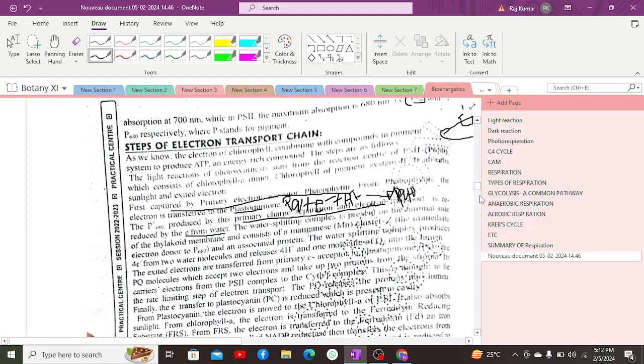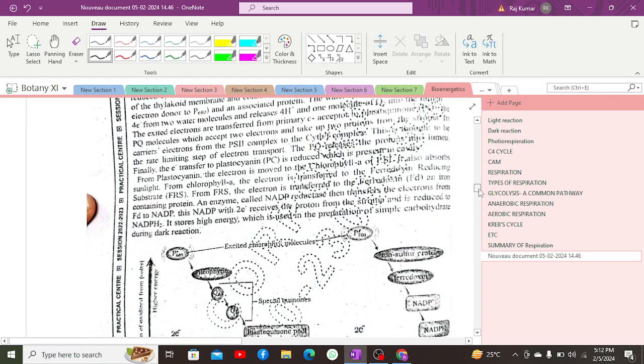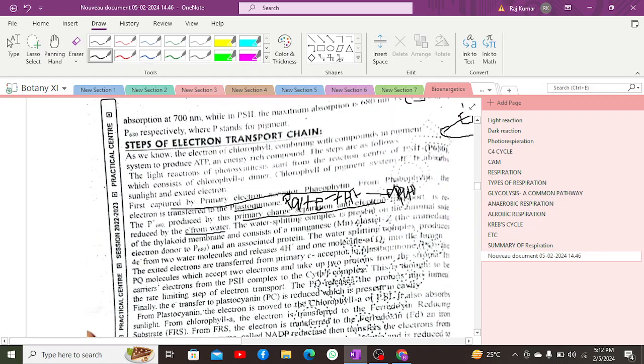After that, the rate limiting step of electron transport is the transfer of electron from plastoquinol to the cytochrome BF complex. This step tells us whether there would be a further requirement of ATP during the light reaction.